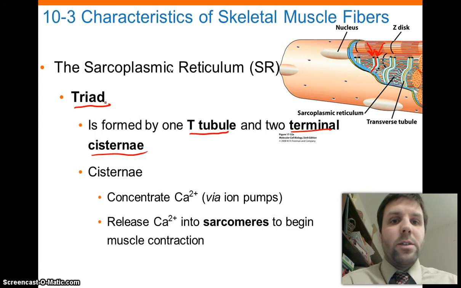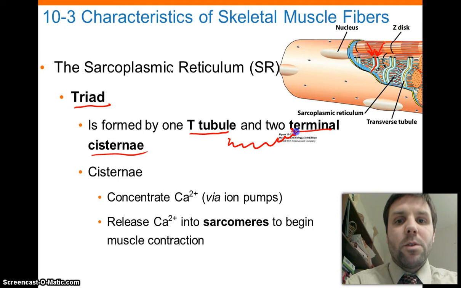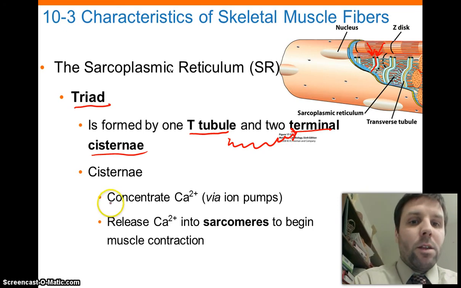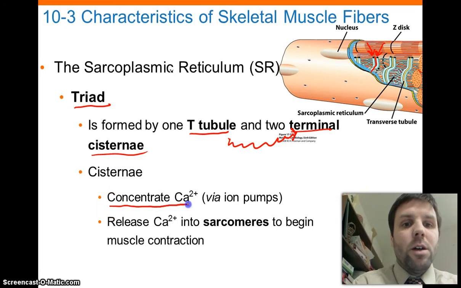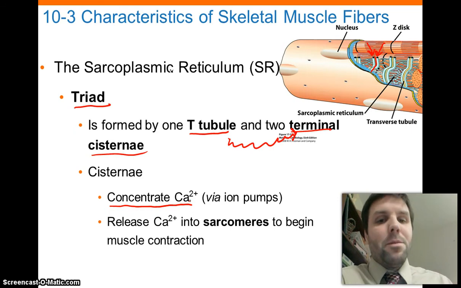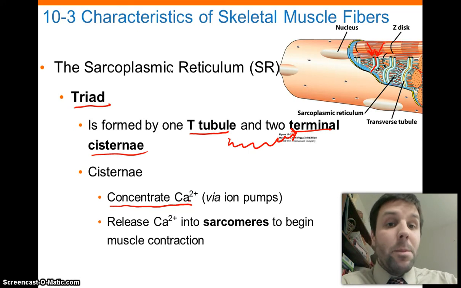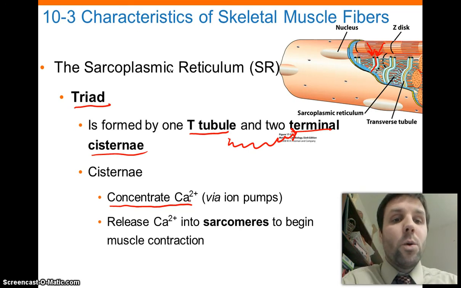Okay, now the cool part is the T-tubule sends an action potential. That action potential travels into the terminal cisternae, where we have the largest concentration of calcium ions stored in resting muscle, note resting. When the terminal cisternae are stimulated by the action potential from a T-tubule, they're going to release calcium into what we call the sarcomeres.